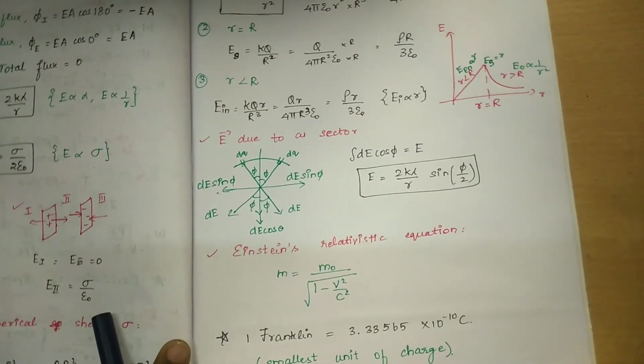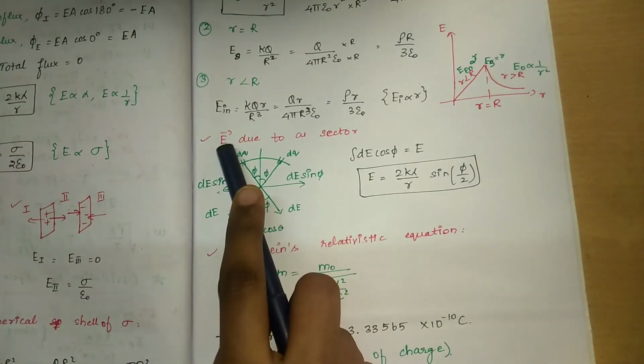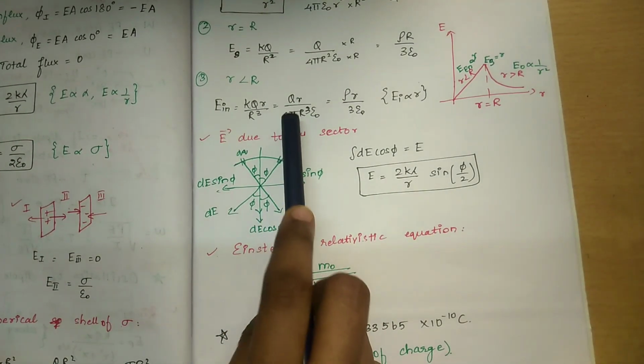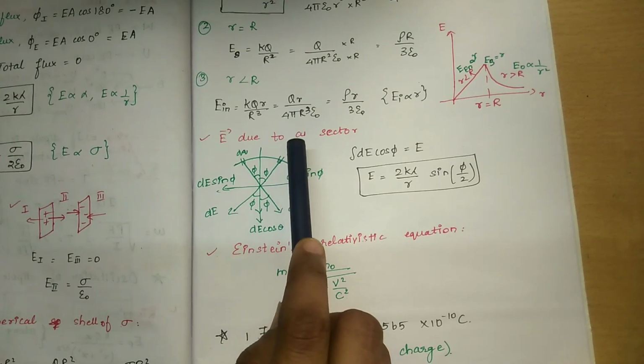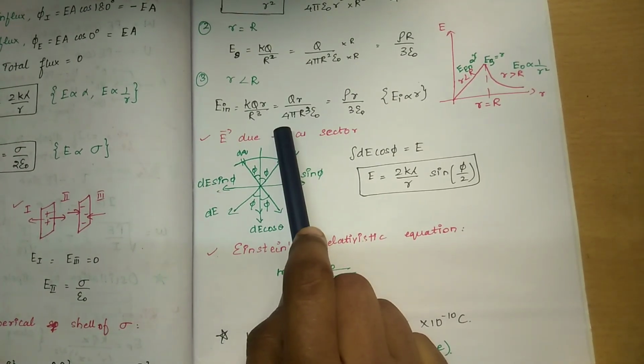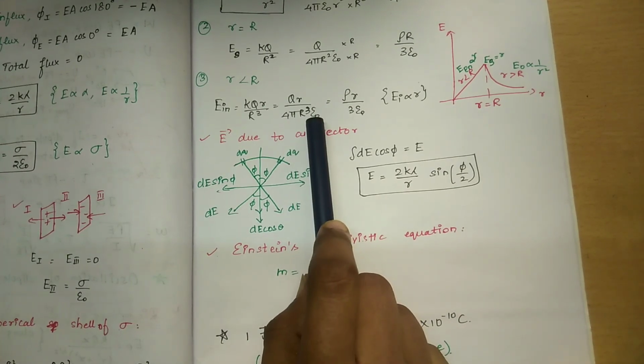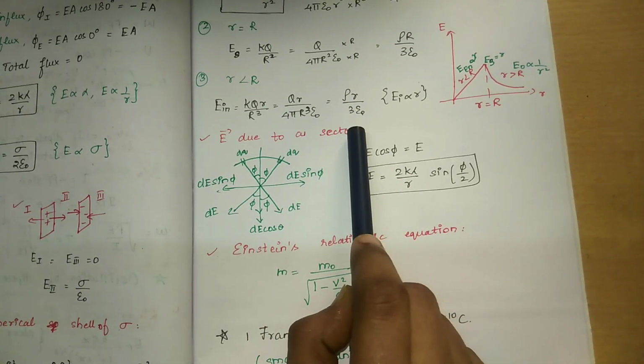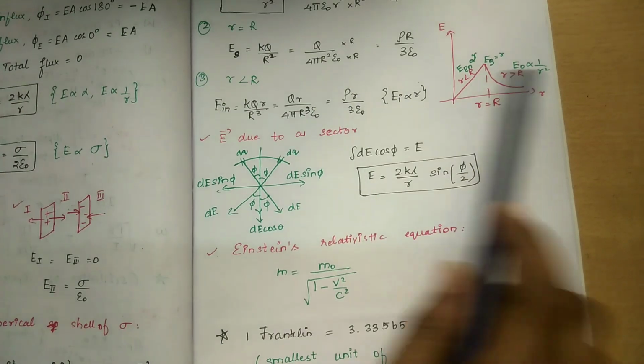Later, if r is less than R, inside it is kqr divided by capital R the whole cube, equal to kqr by R cube. Apply the k value 4 pi epsilon naught and you will get rho r divided by 3 epsilon naught.